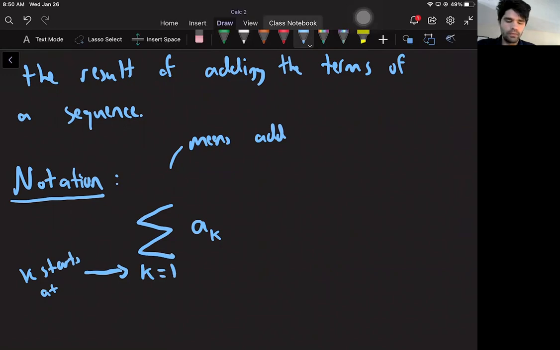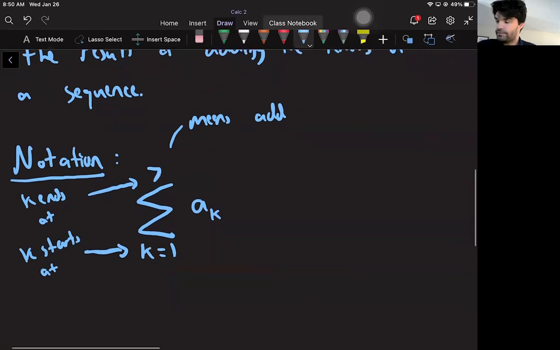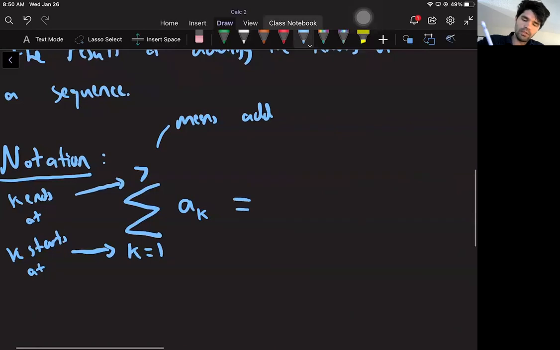And then here, you put what K ends at. So if I want to end adding at K equals 7, then I would put a 7 there, for example. So then what does this really mean? It just means add.